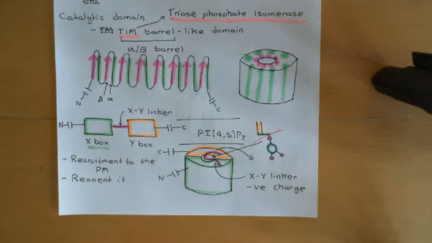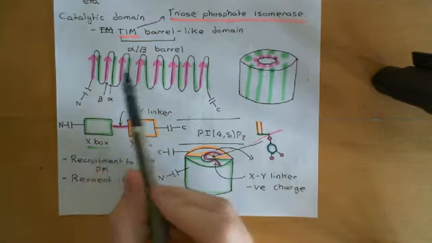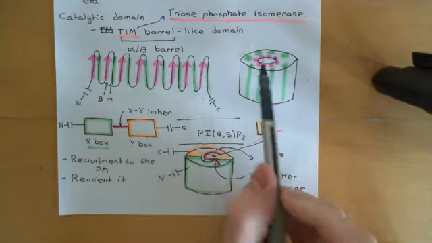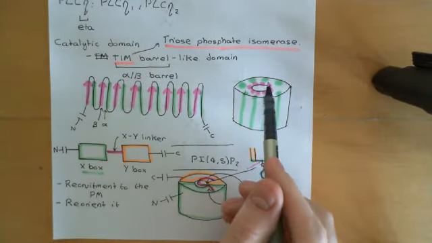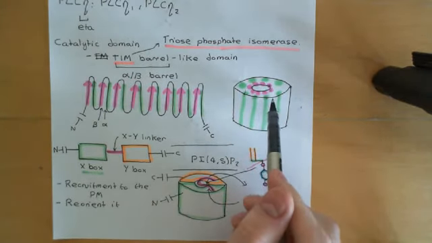What we've seen that is common for all of these families of phospholipase C enzymes is that they all have a catalytic domain, which is one of these tin barrel-like domains. It consists of alternating beta strands and alpha helices, and the beta strands form a beta sheet which is folded into a cylindrical shape in the center, with the alpha helices around the outside.